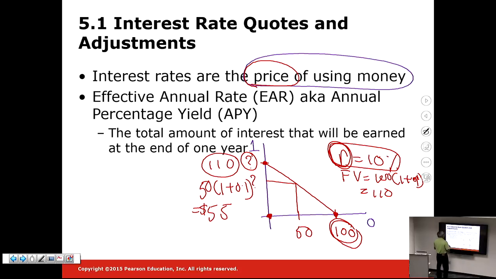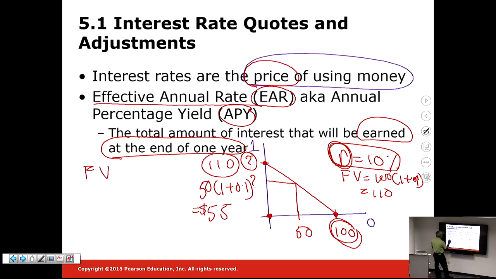So from this basic understanding, we look at effective annual rate, or also called the EAR, sometimes also called the annual percentage yield, as the interest rate that will be earned at the end of 1 year. Another way of looking at this would be, if my future value is 110 and my present value is 100, I have 1 period for my investment.